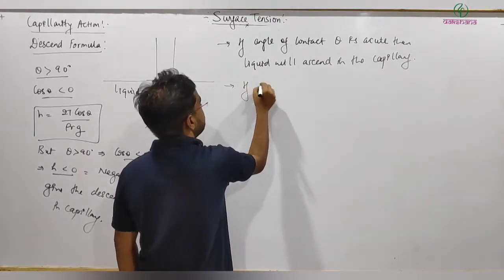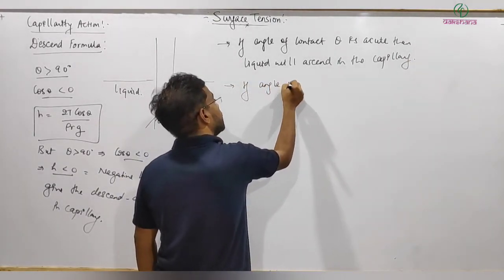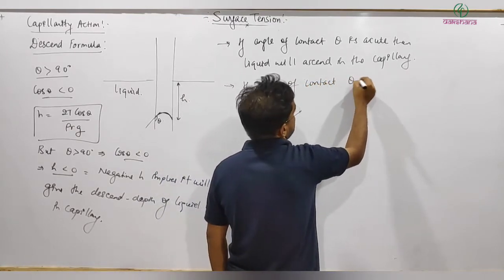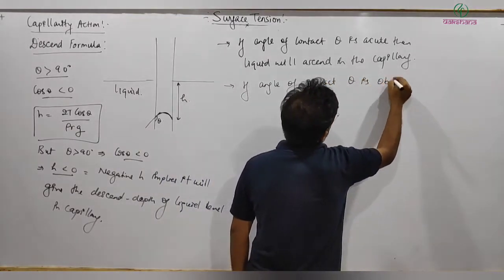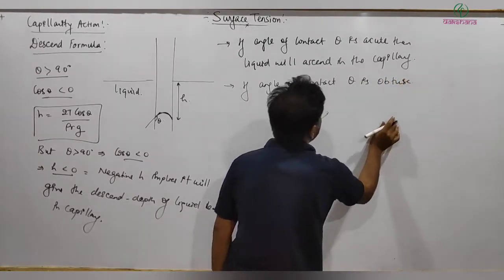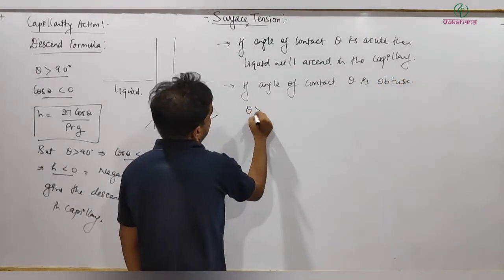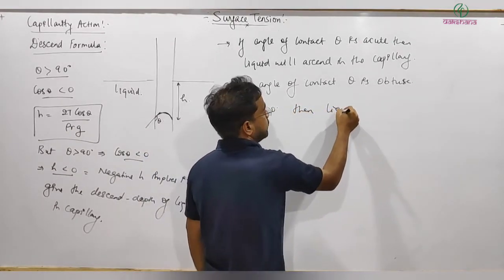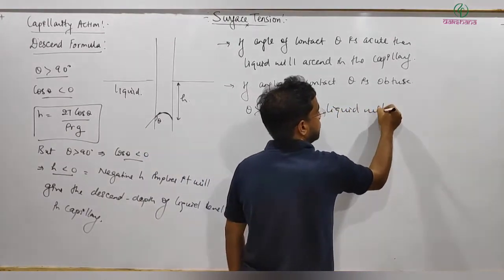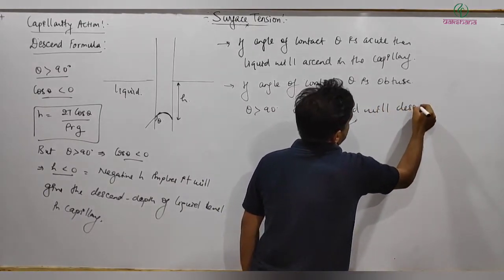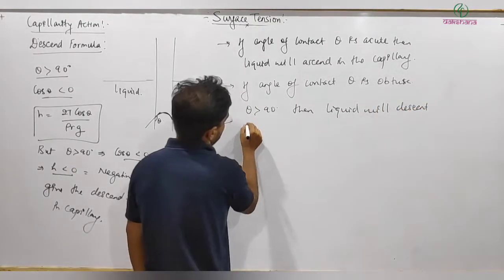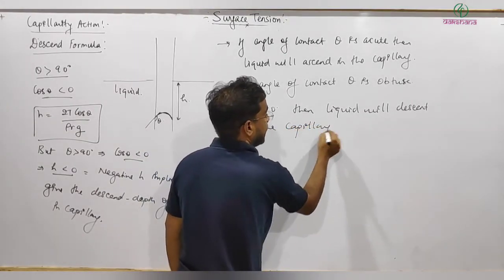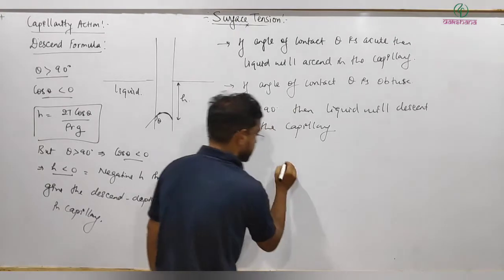And similarly, if the angle of contact theta is obtuse, meaning greater than 90°, then the liquid will descend in the capillary.